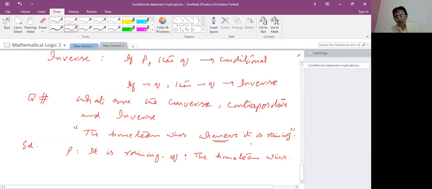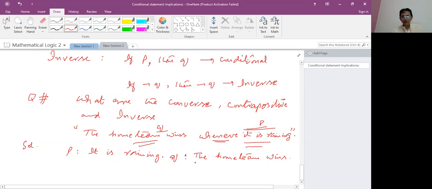Why do we select P as it is raining? Because the home team wins is conditional on the first statement. So that's why we write it as P and Q. It depends on this condition, right? So P is it is raining, and Q is the second statement, the home team wins. It means the second statement depends on the first statement.